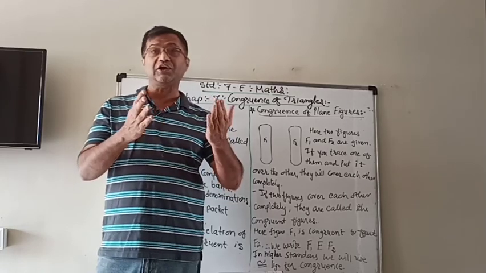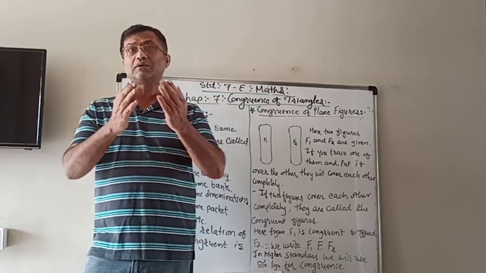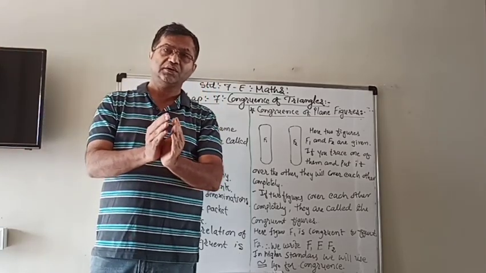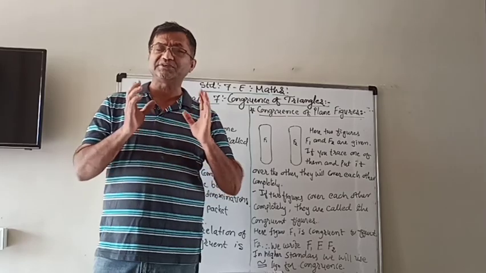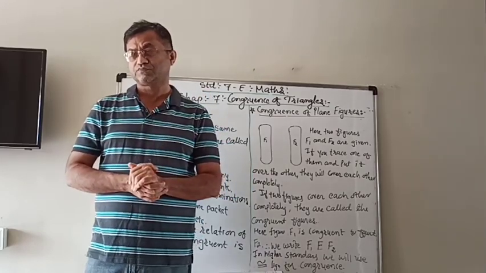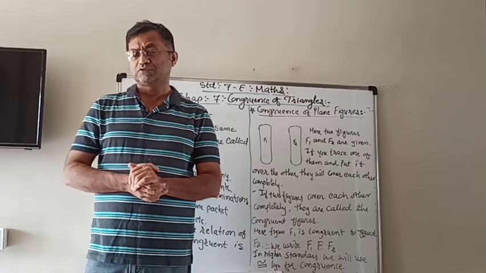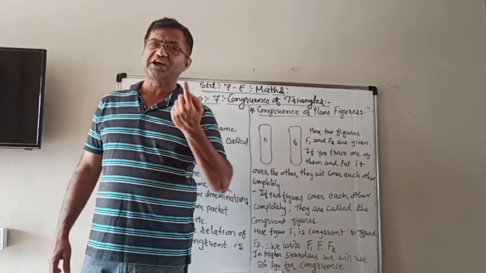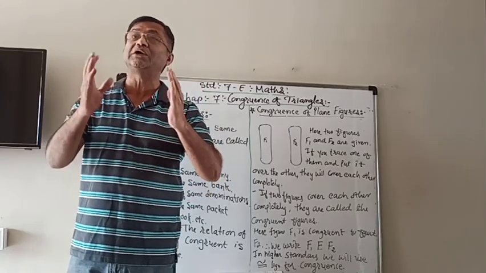It will not be like in one of them your face is bigger, in the other one it is smaller. No, it will be of the same shape and same size. So here we can say that all these passport size photographs are congruent figures.